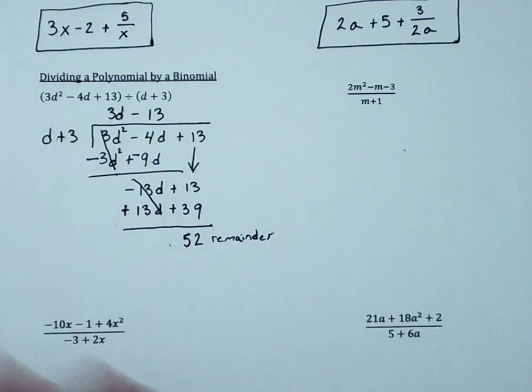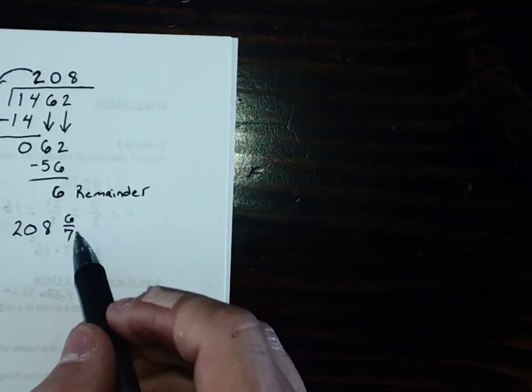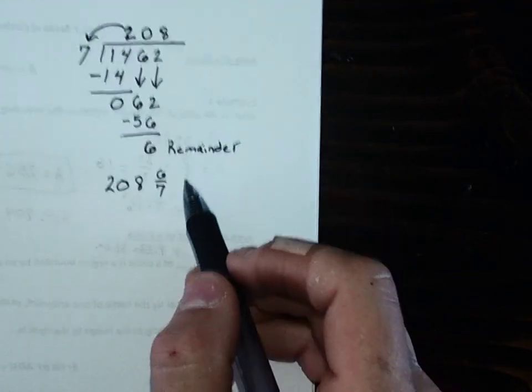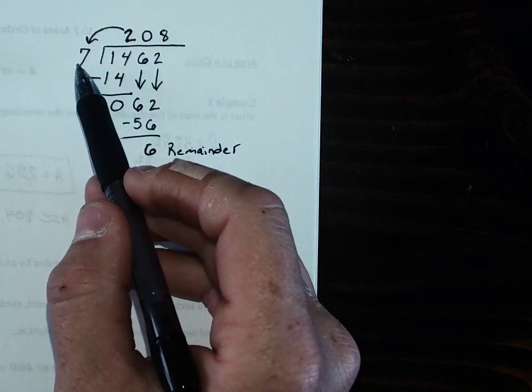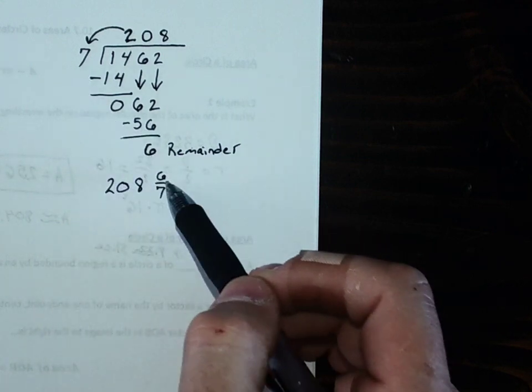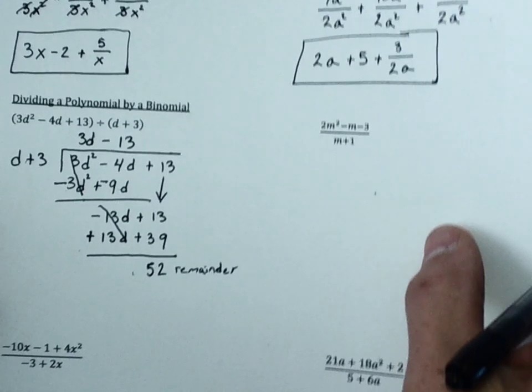Now, just like on the back, our remainder remains being divided by the thing that's doing the dividing. This 6 is divided by 7. Well, that's exactly what's going to happen here on the front.